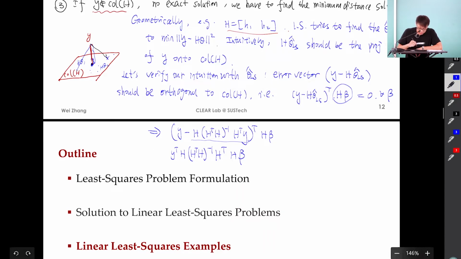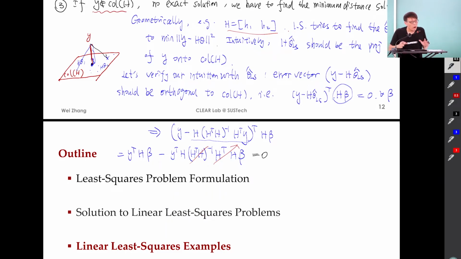Sorry, I forgot the first term. First term is y transpose H beta, minus y transpose H, this guy, beta. What you see is that this guy multiplies identity. Y transpose H beta minus y transpose H beta. Magic happens. It's not really. It's 0, okay, so for all betas.